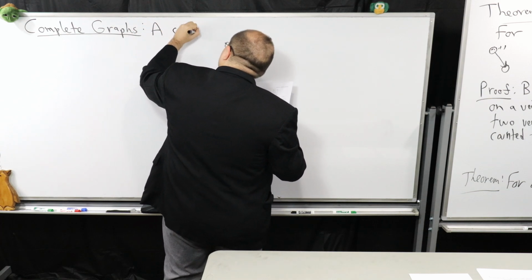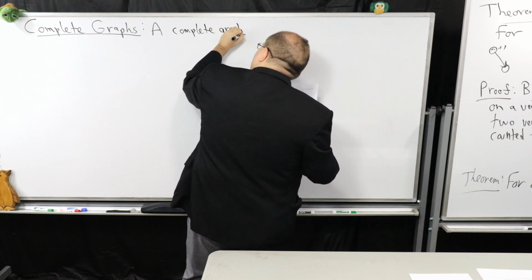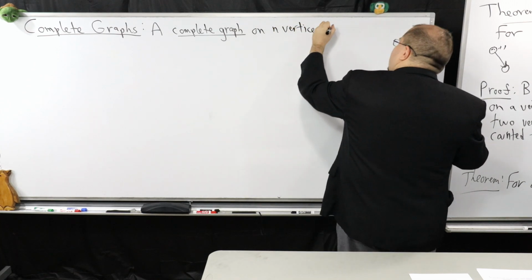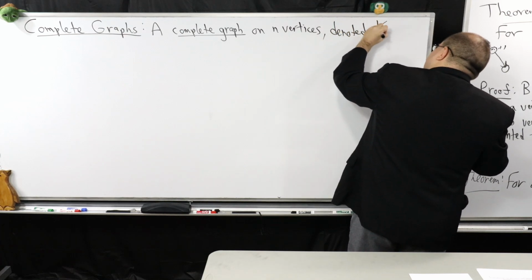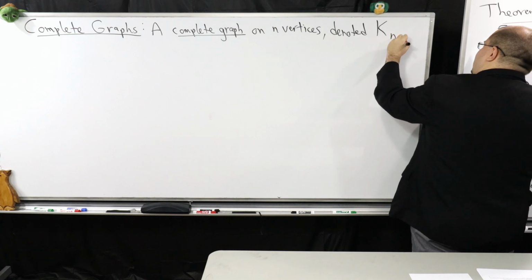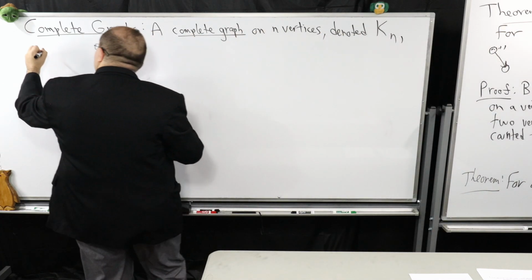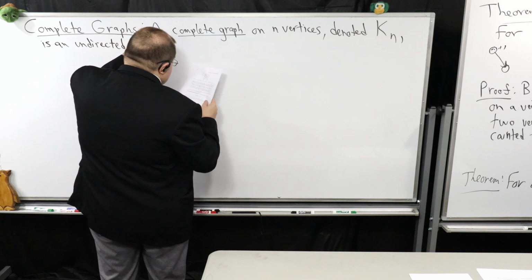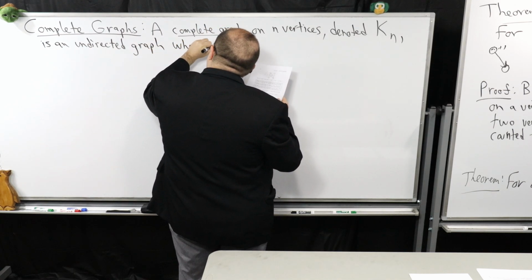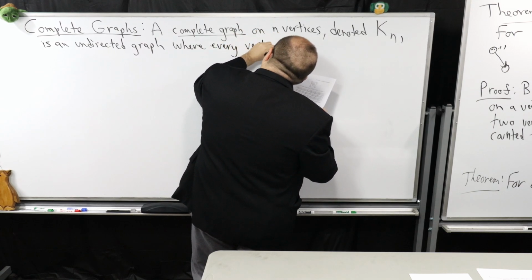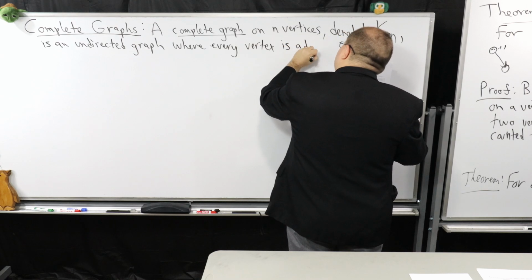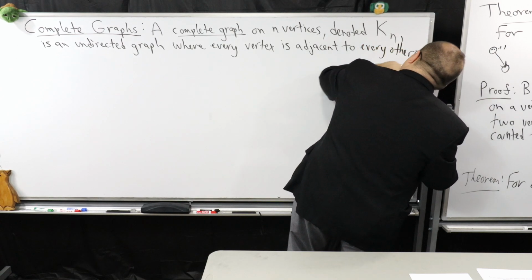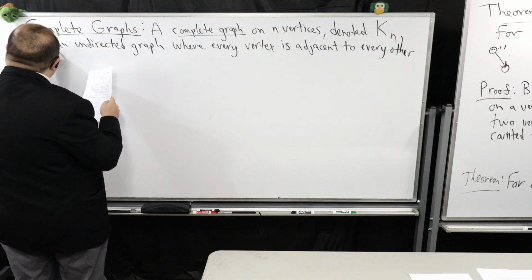A complete graph on n vertices, denoted with a capital K with a subscript n, which I'll usually call Kn, is an undirected graph where every vertex is adjacent to every other vertex. Kind of cute, right?